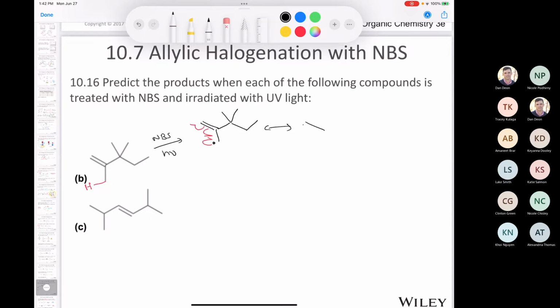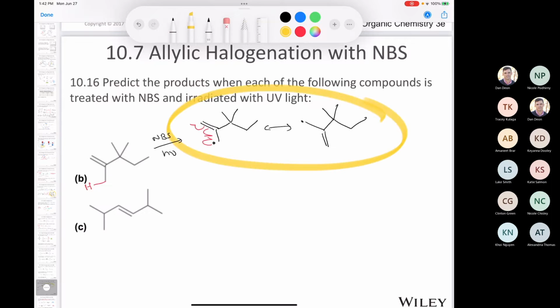I drew my double bond in the same place. You end up with no difference at all between the two. Is everybody with me that these two are identical? Because we have free rotation around this carbon-carbon bond, you can't differentiate between these two radicals. If I brominate at either position, I get the same molecule.